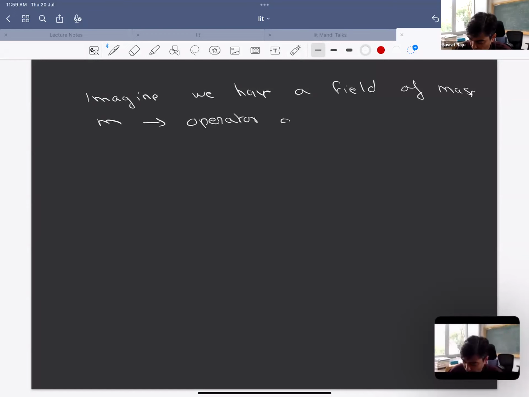Okay, good. So let me now say a little bit more about how these algebras work. Imagine in AdS we have some field. Let's start with the simplest case. This is associated to some operator of dimension delta.